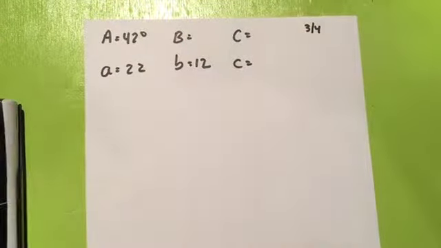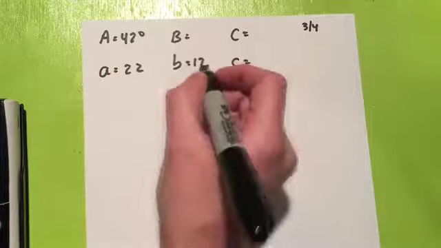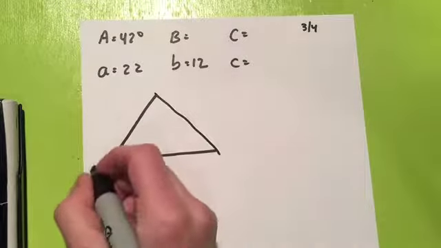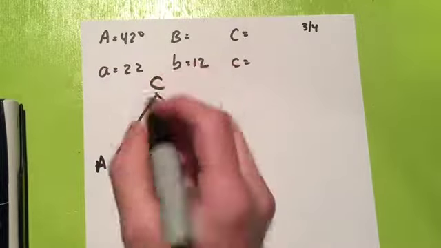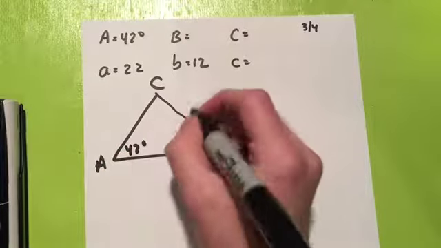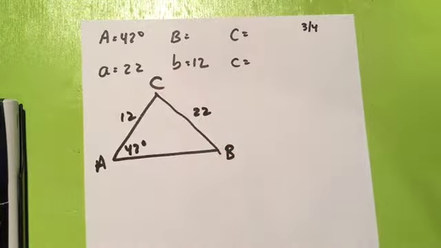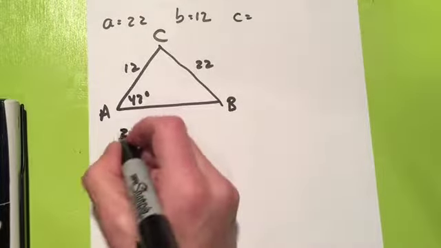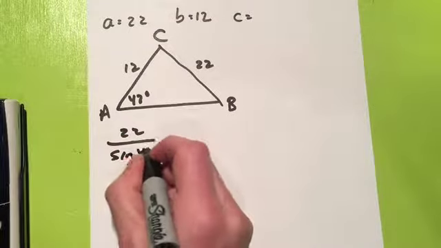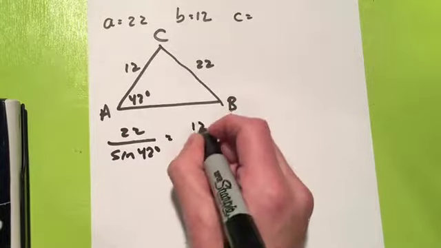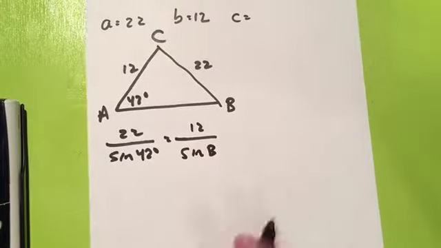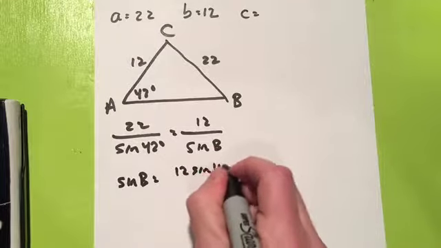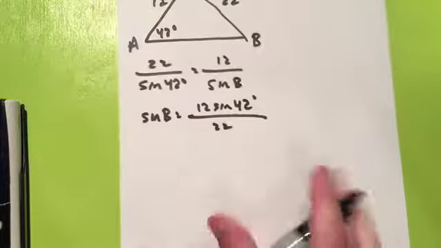Let's try another one. So, starting off, we've got side-side-angle. We've got 42 degrees, a side length of 22, a side length of 12. First thing we're going to find is angle B. So we have 22 over sine of 42 degrees equals 12 over sine of B. Sine of B is 12 sine 42 over 22.